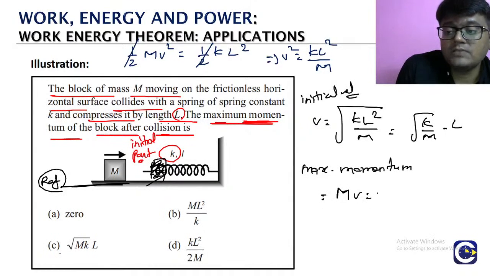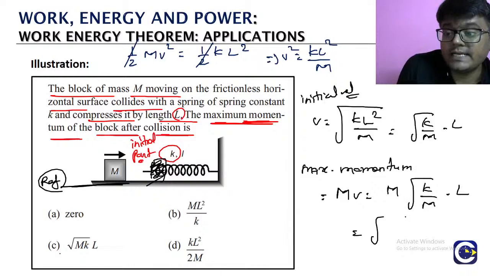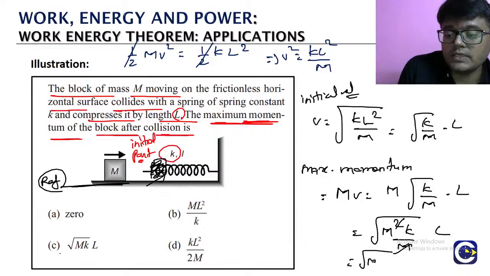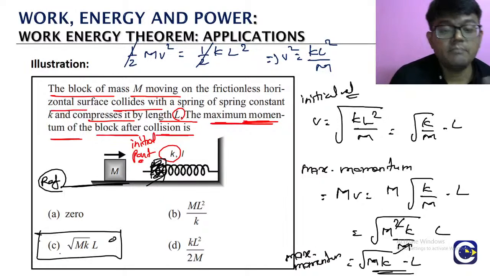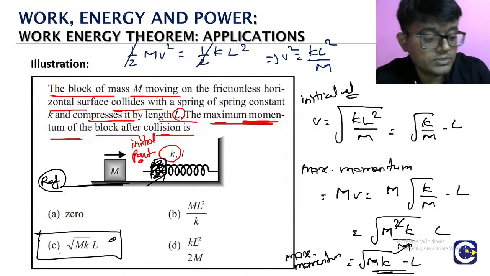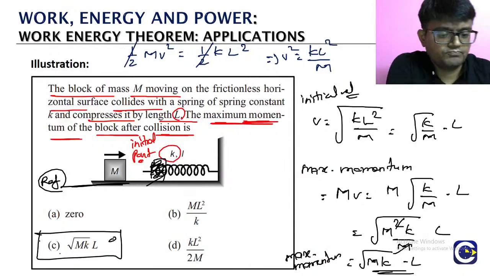Mass times velocity, which is mass times root k by m into L. So m we can take inside, it becomes m square, root of m into k, with L outside. That is our maximum momentum. So look at this, where is the answer? Root of m into k, with L outside the root.